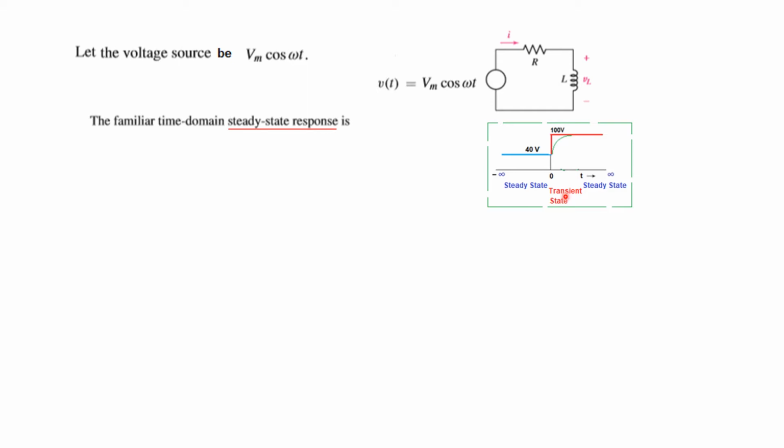Now if the circuit behaves like a transient state period, then our solution will be e raised to the power something. But if it is steady state, then we can use the normal Ohm's law formula, and for that we can convert the circuit into a phasor circuit, or solve it in the phasor domain.